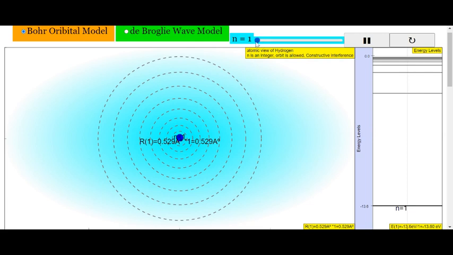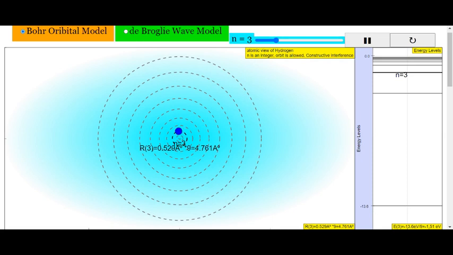Then for the electron which is in your n equals 2 orbit, we have found that the energy of the electron in the second orbit should be how much? Minus 3.4 electron volt. For n equals 3, the electron in your third orbit, how much energy should this electron have?